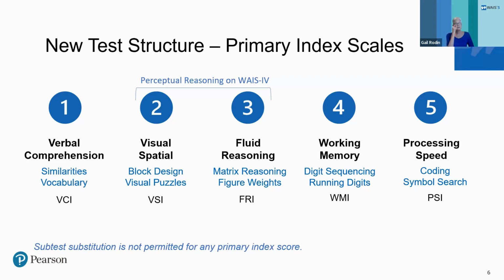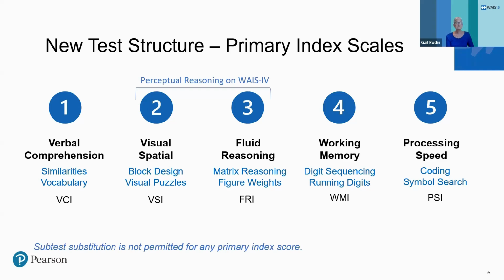The reason being, again, if you were to substitute 50% of what's contributing to that scale, it's going to be far too different from the comparison you're making in our standardization data. So no substitutions permitted. If you do, Q Global will not give you a primary index scale.